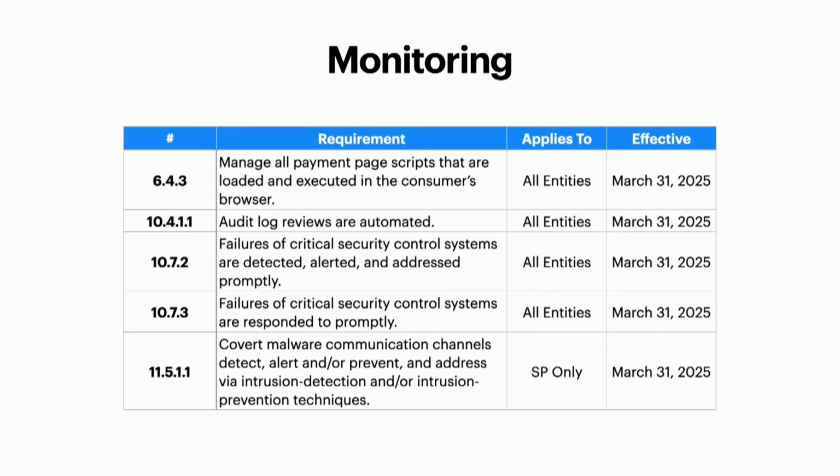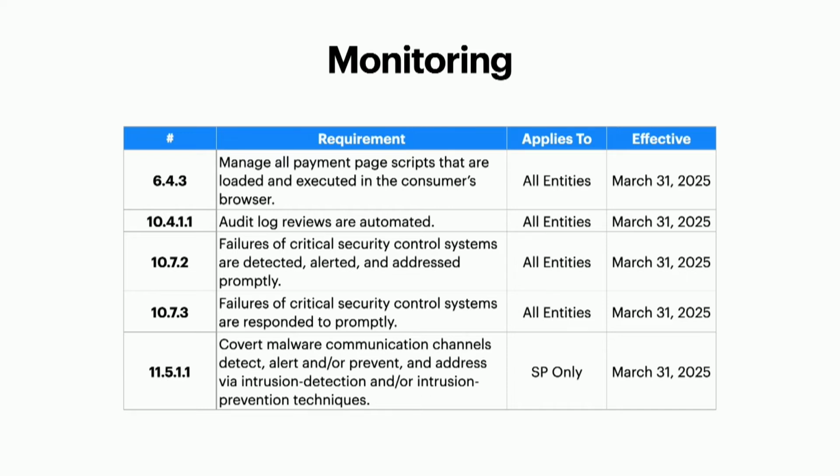A lot of things that they added in requirement 3 is looking at your security controls and calling out when they failed. They're adding things so that if certain controls fail, you're notified and deal with it accordingly. So critical security control systems are alerted, detected, and addressed promptly and responded to promptly.